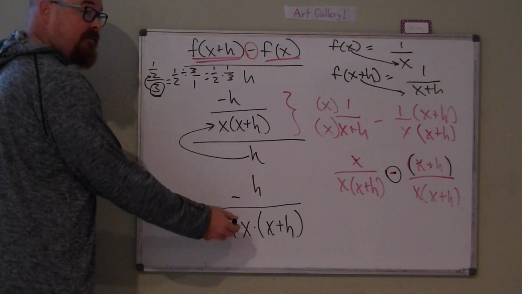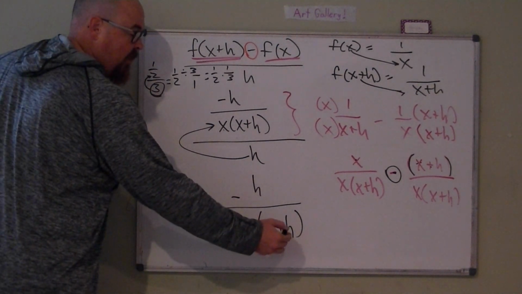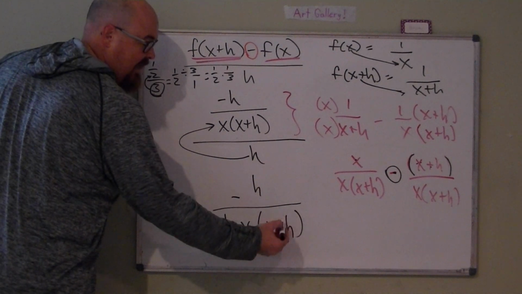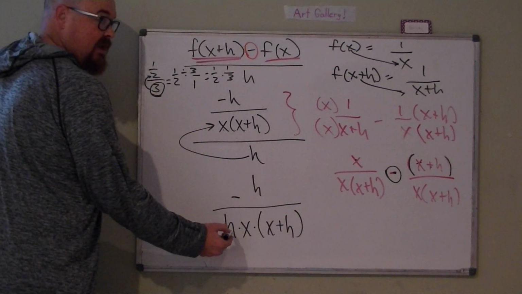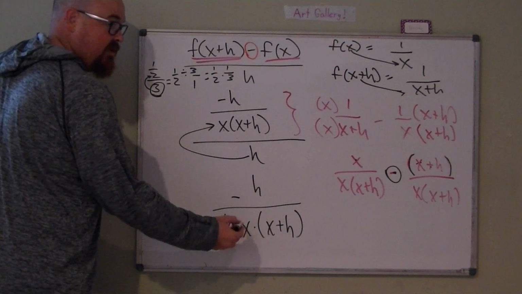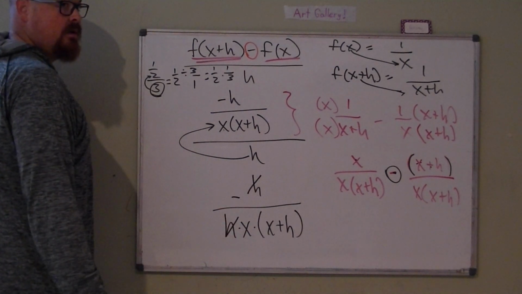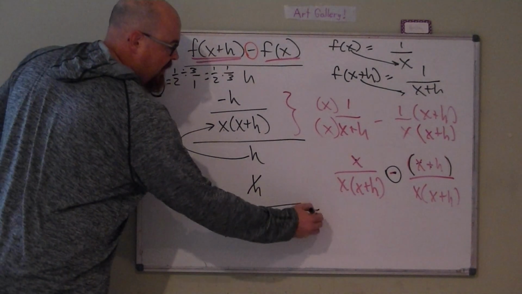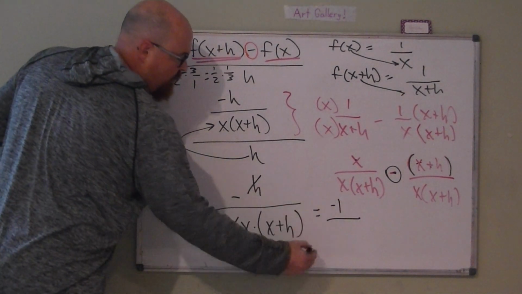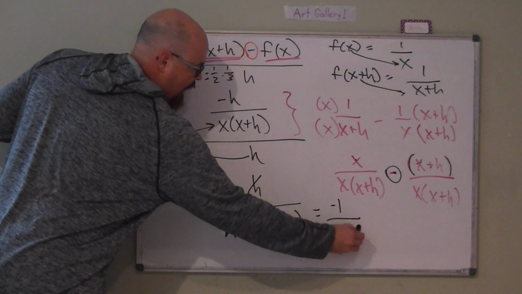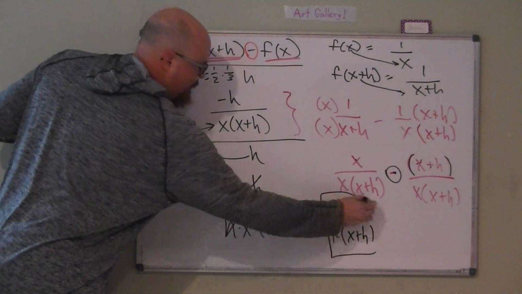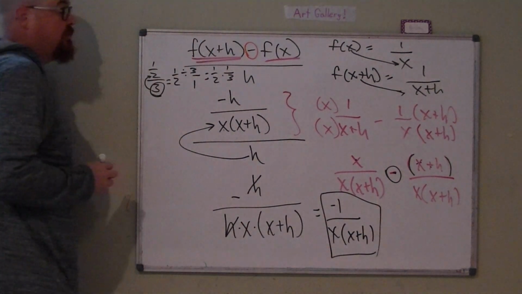So h here is a factor. I know that this h is a part of a sum. I can't cancel this h, but because this h is being multiplied by two other things, it's a part of a product, I can cancel these two h's. As a result, I'm left with negative 1 over x times x plus h, and that is my simplified difference quotient for this rational expression.